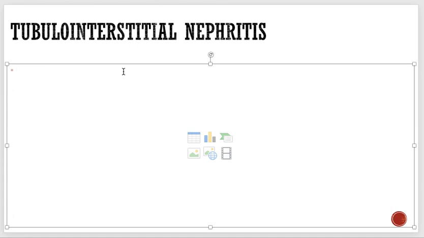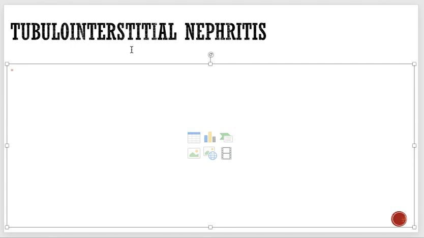By definition, what does tubulointerstitial nephritis mean? Of course, there is nephritis, any condition which damages the tubule as well as the interstitium. Before, we were studying conditions related to the glomerulus.